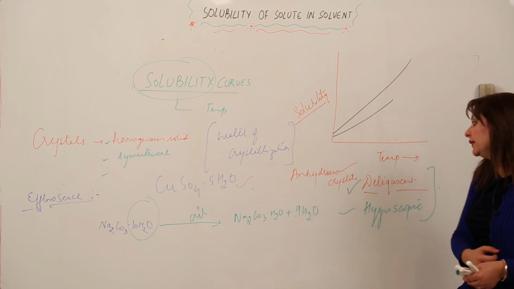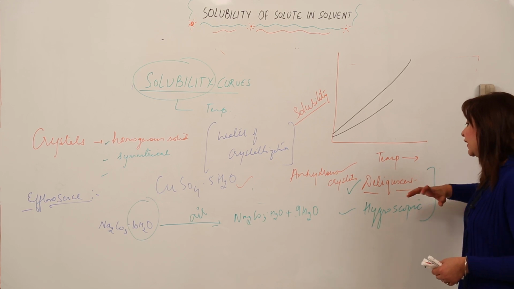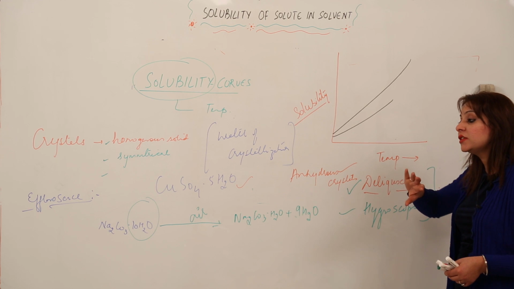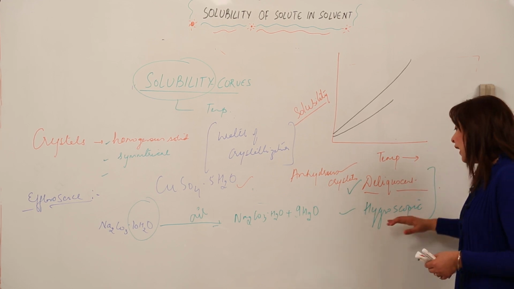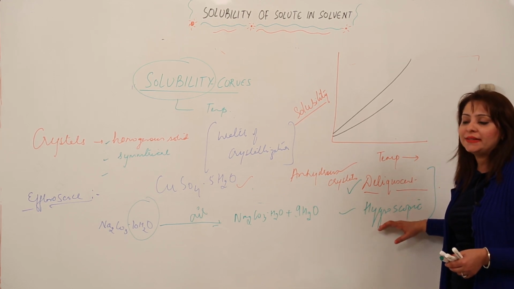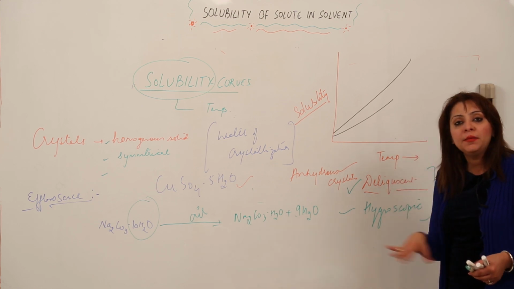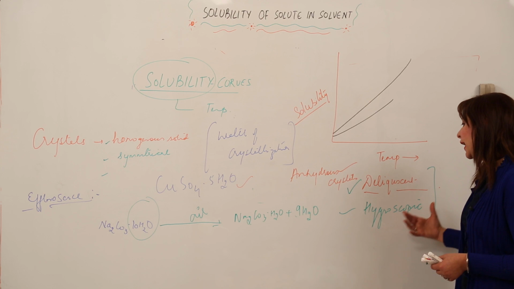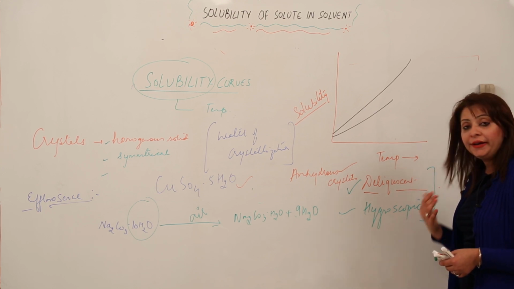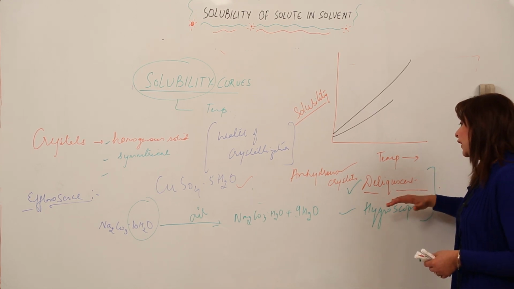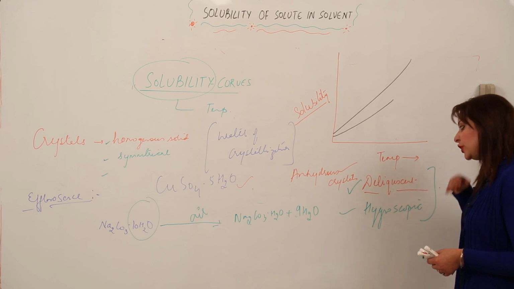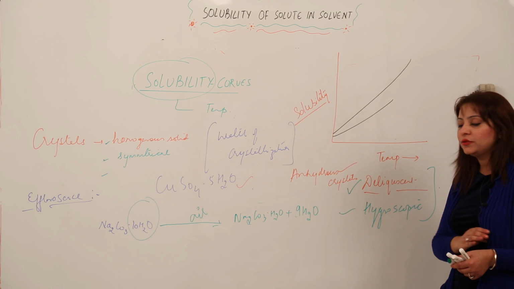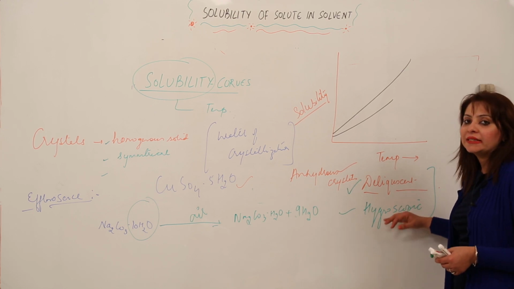But the difference is that in deliquescent, the substance absorbs moisture to an extent that it converts its state. But in hygroscopic, it does not convert its state. The moisture just forms a film around the molecule. So this is how we differentiate between deliquescent and hygroscopic. Don't forget it. Don't get confused. In deliquescent, the substance absorbs moisture and changes state, and in hygroscopic, the moisture just forms a film around it but does not change its state.